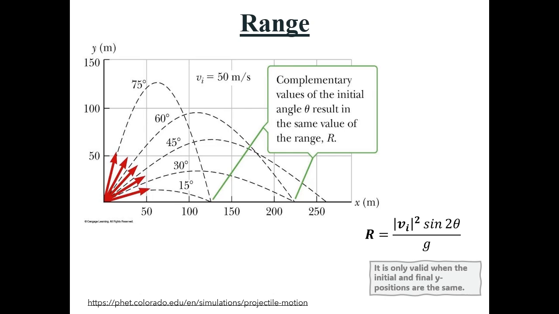But as you see, the path that the object took for the 75-degree angle is different than the path for the 15 degrees. These two angles are called complementary angles, where the range is the same. Although the range is the same, what about time? Do you think the time is going to be the same? Think about that.